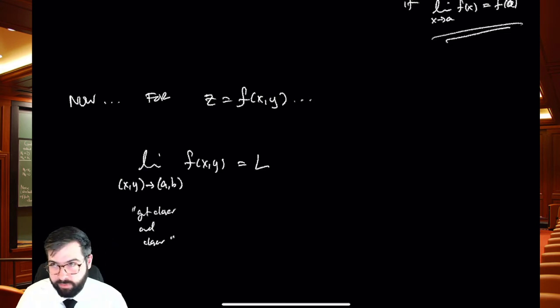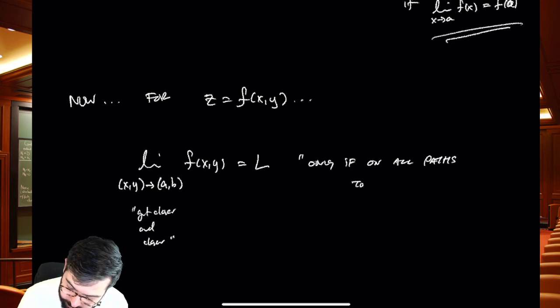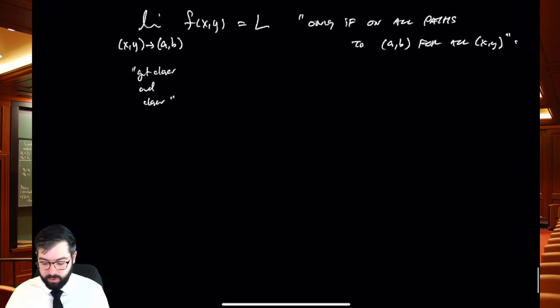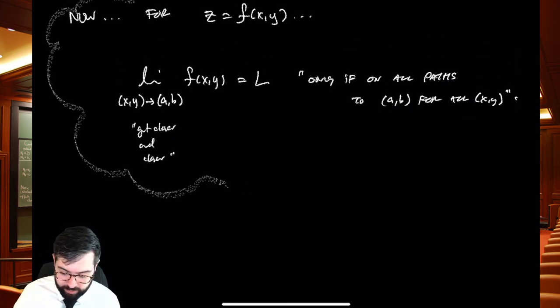And again, that's why the formal definition kind of covers our butt here, but I'm going to put in quotes, only if on all paths to AB for all xy. So what I mean by that, because this is kind of hard to wrap your head around at first.